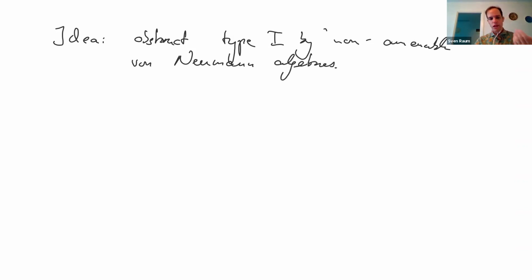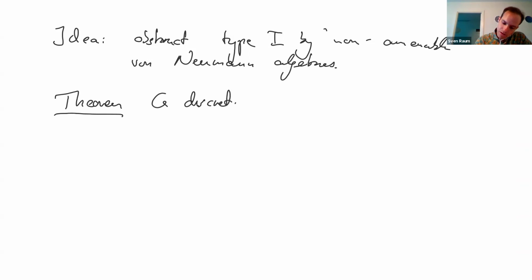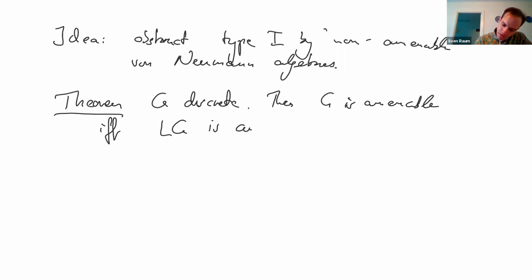And here's a source of non-amenable von Neumann algebras, without ever defining what amenable means at this point: if G is discrete, then G is amenable just as a group if and only if LG is amenable.